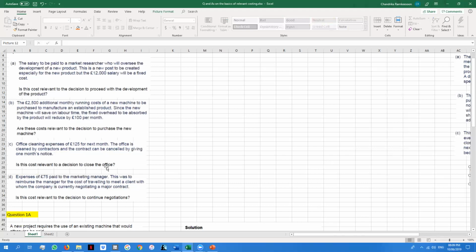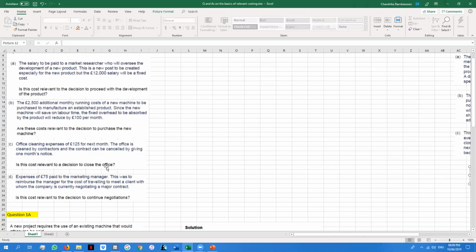But will it be affected by the decision? So it is a future cash flow, that's two of the conditions. But the third condition: will it be affected by the decision?